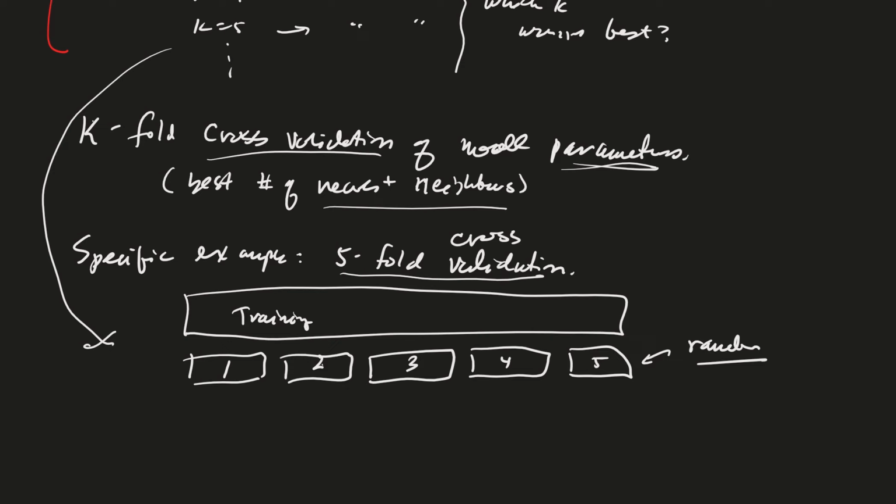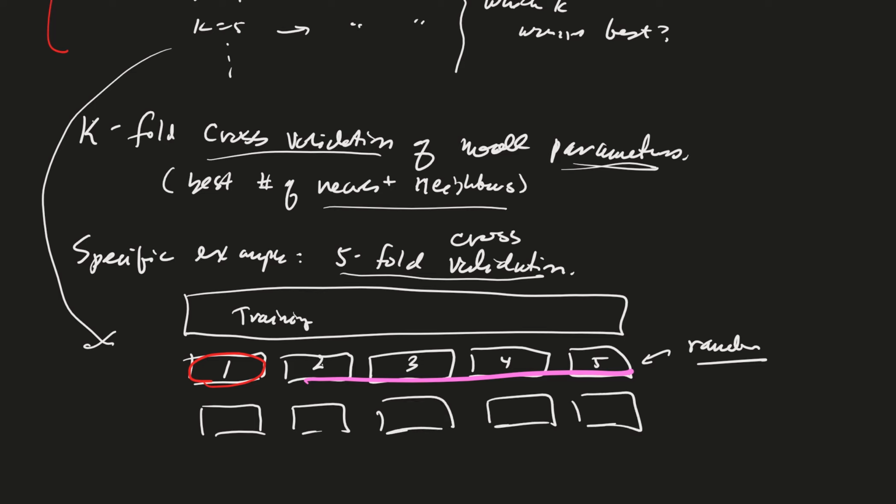The way we run this is the first round we reserve this set and use these 4 for training, and in the next round we reserve the second set for error and use the other 4 sets for training.